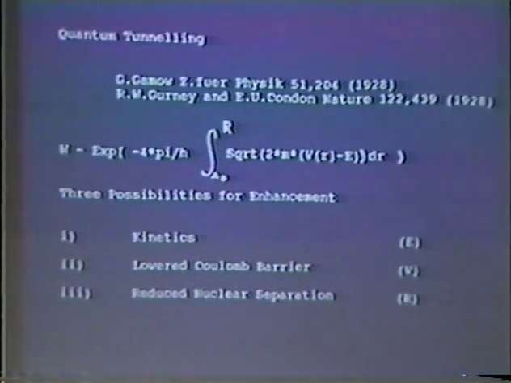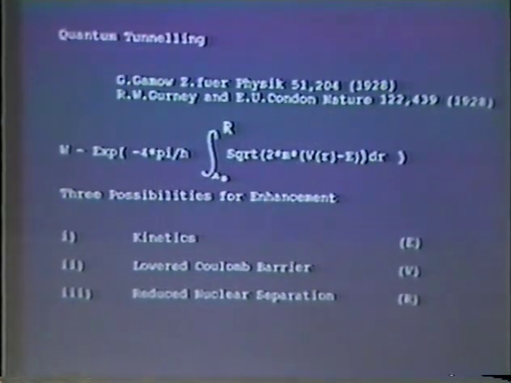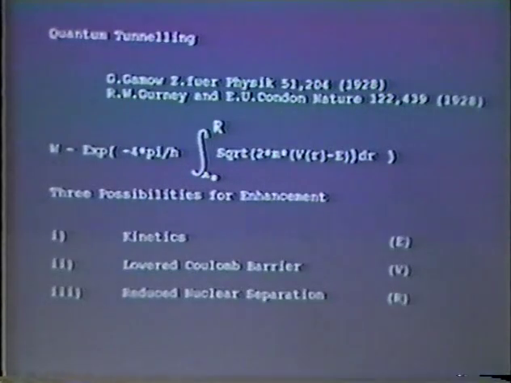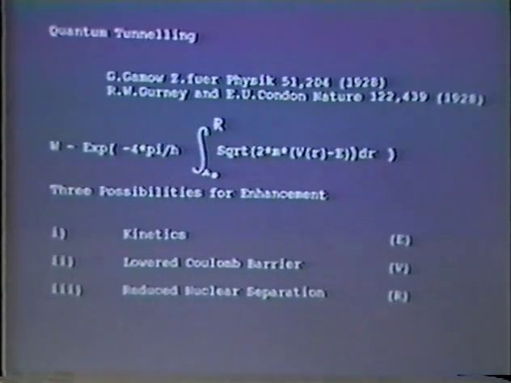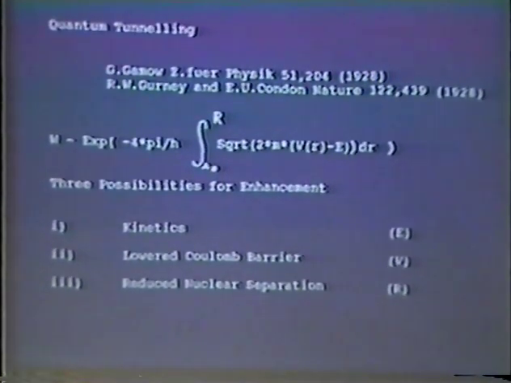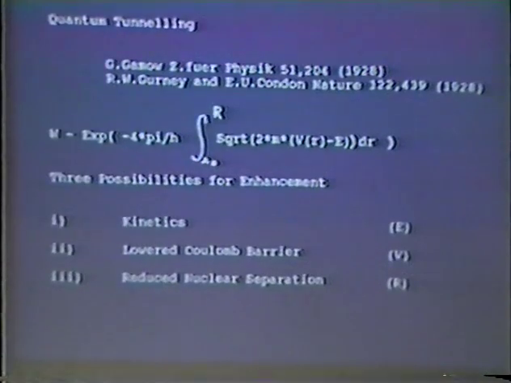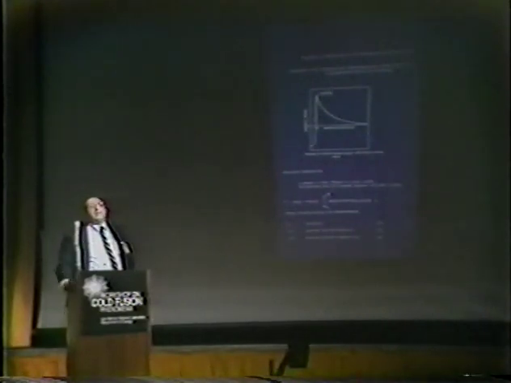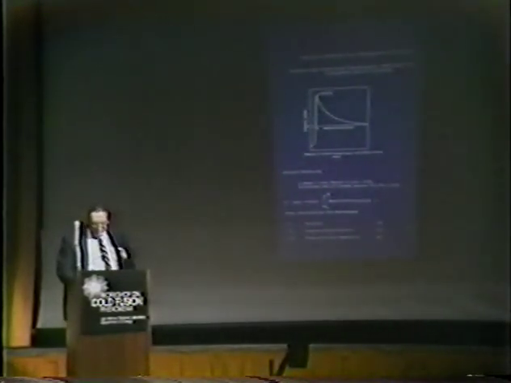Also, if one starts thinking about this, one can lower the Coulomb barrier, either through electron or muonic screening. We can also reduce the internuclear separation, big capital R. So the 3 elements for possibly doing that are the kinetics, or E, the lowered Coulomb barrier, which I associate with V, and the reduced nuclear separation having to do with R, big R. There are many ways of thinking about doing experiments possibly of this sort.